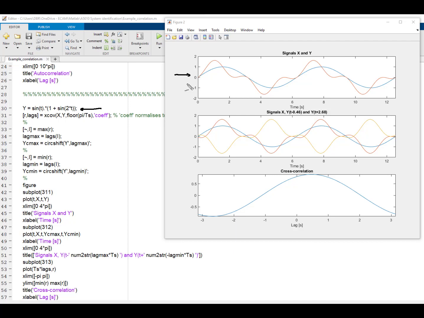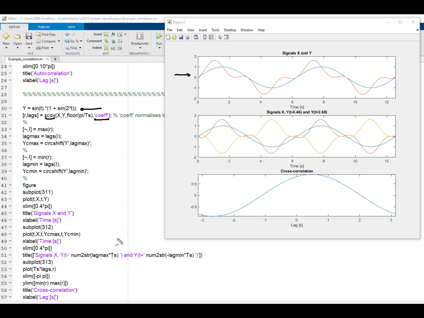So what we can do is compute the cross-correlation function, and this time we use the command xcov. As in the previous example, I didn't mention it, I've used the argument coef to normalize the cross-correlation, in the previous case the autocorrelation, between -1 and 1.